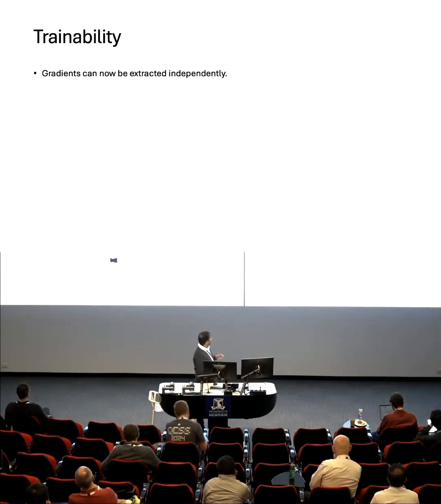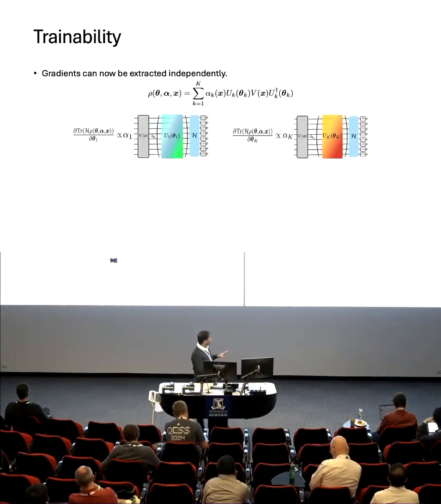So why is this nice? Notice that because the circuits are independent, we can extract the gradients for this model independently. You can compute the gradients for U1, you can compute the gradients for UK, and then sum them together with this probability distribution alpha and get the gradients for the entire model.